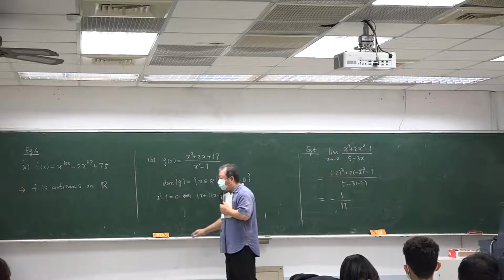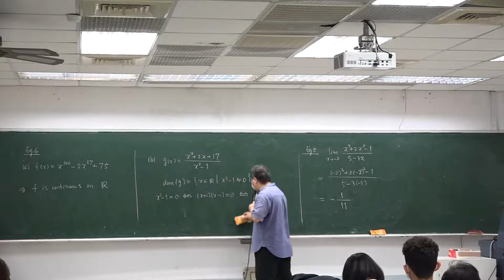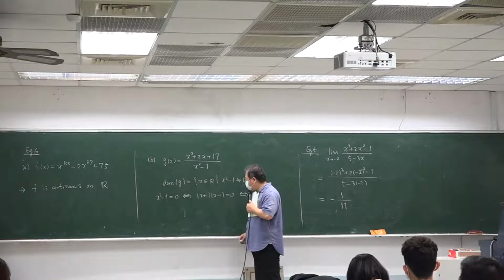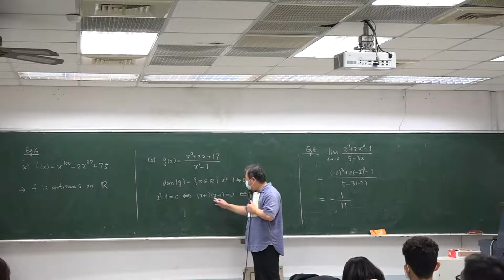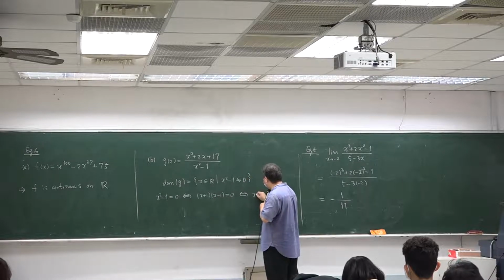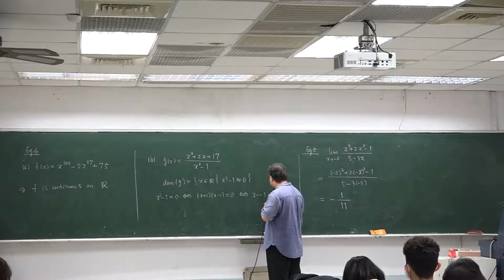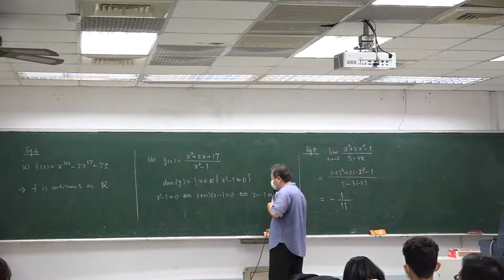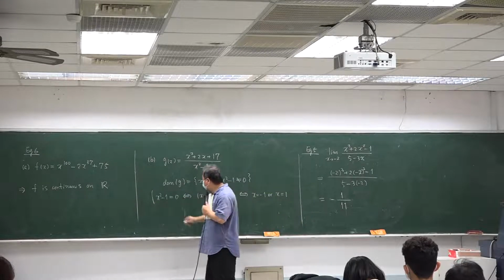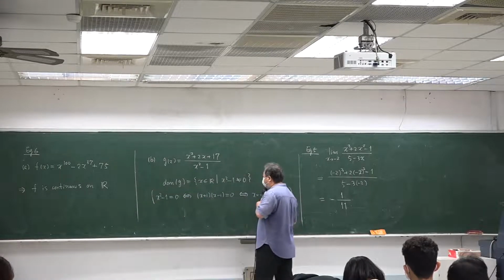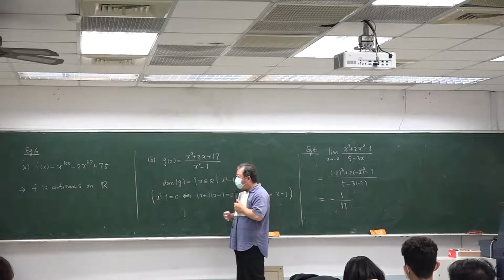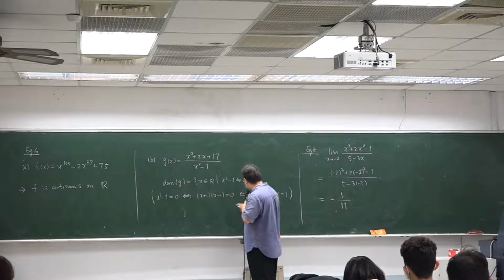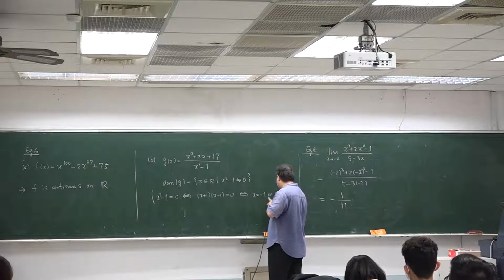If a product of two numbers is 0, then at least one of them is 0. So maybe this one is 0 or this one is 0. x equals minus 1 or x equals 1. Therefore, the domain of g is the set of all real numbers except minus 1 and 1.